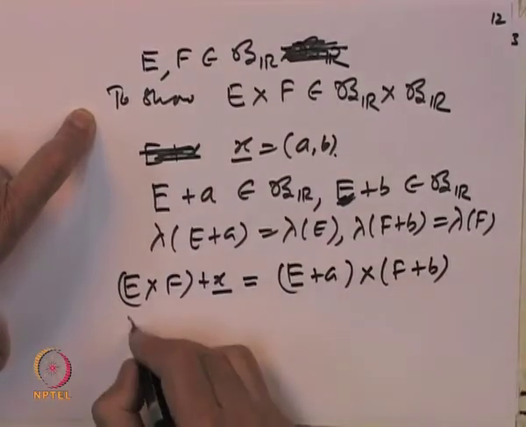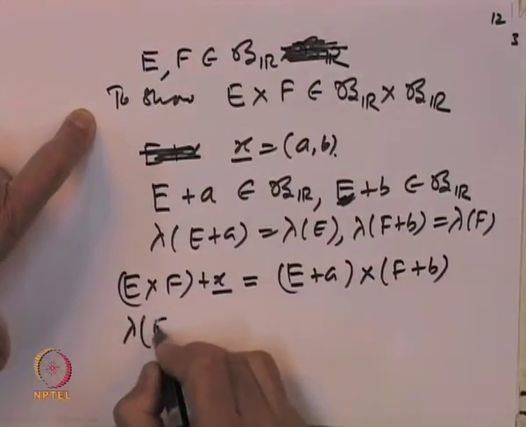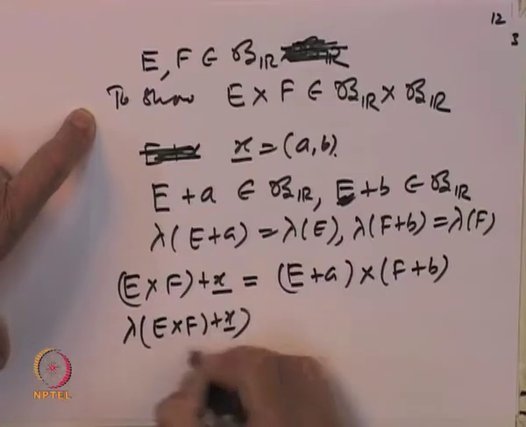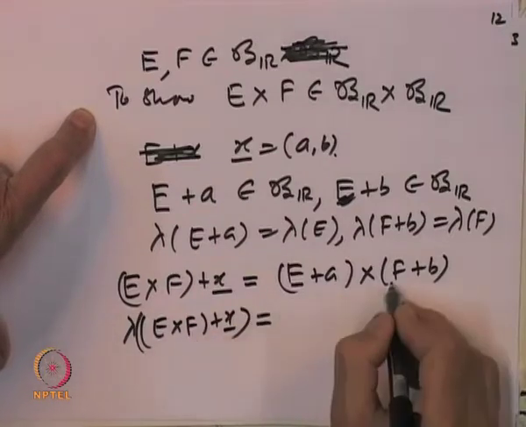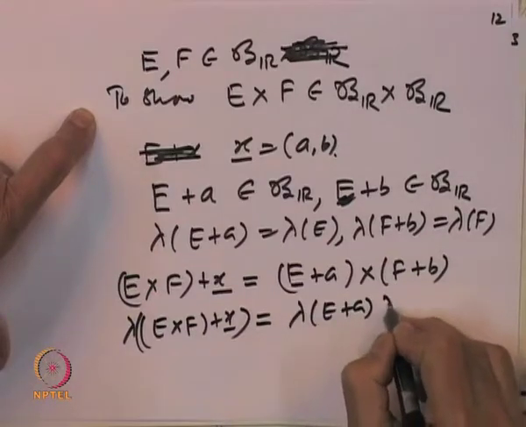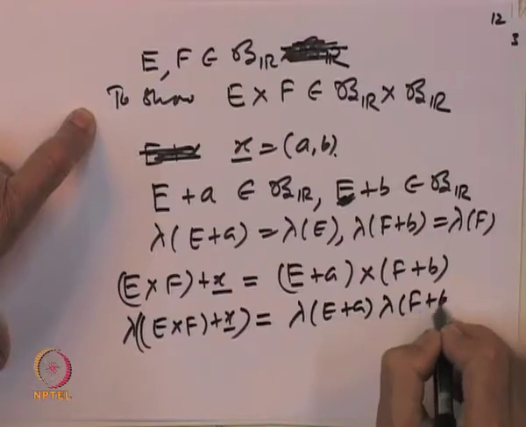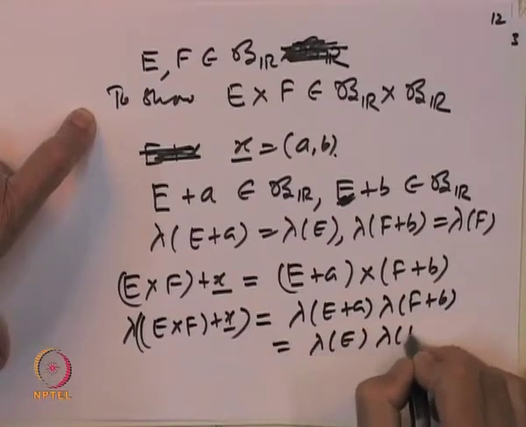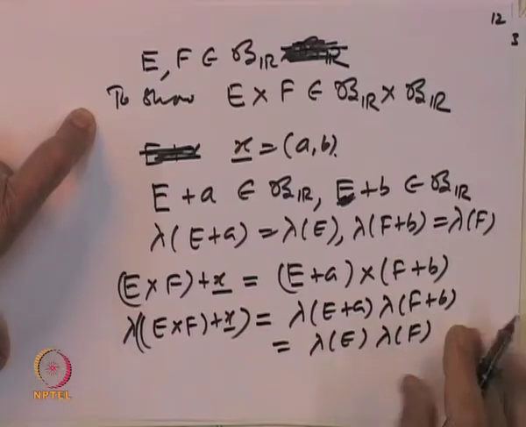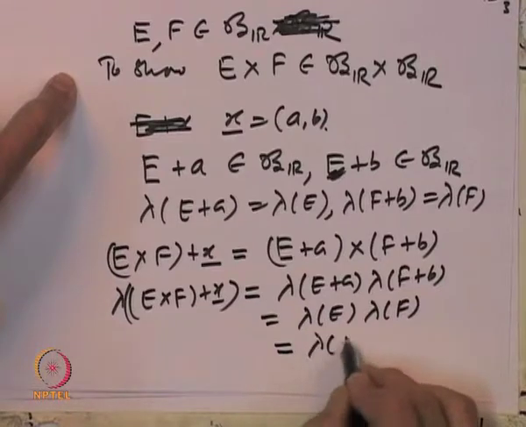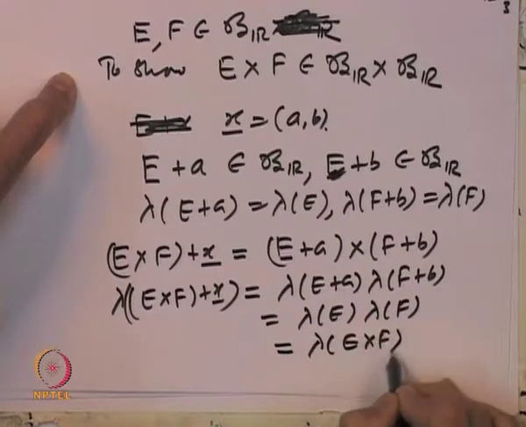So, the Lebesgue measure of this set, E cross F plus x, is a rectangle, so it is the Lebesgue measure of E plus a into the Lebesgue measure of F plus b. But that is equal to the Lebesgue measure of E into the Lebesgue measure of F, because Lebesgue measure on the real line is translation invariant. So, that is equal to the Lebesgue measure of E cross F.